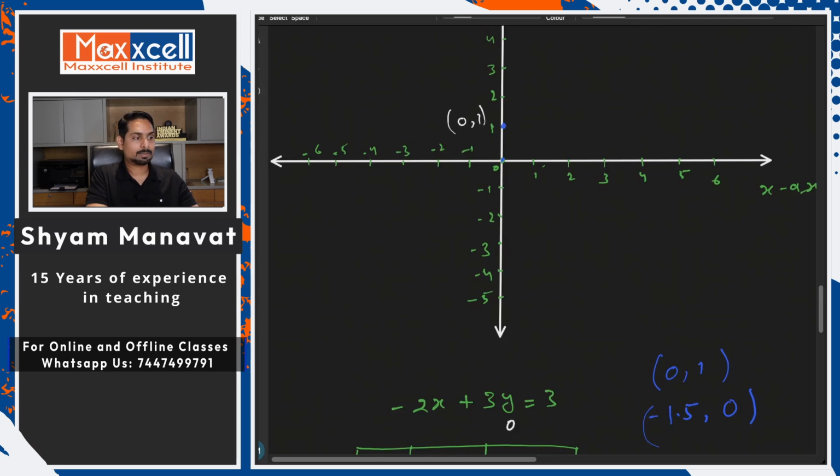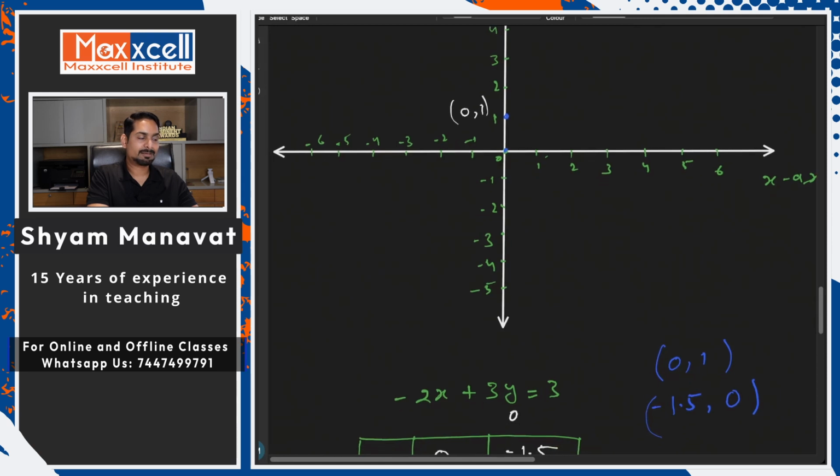Next is minus 1.5, 0. Minus 1.5 on the x-axis. Where is that? Here, between minus 2 and minus 1. This point, y equal to 0, is on the x-axis, right? So this is your minus 1.5, 0.